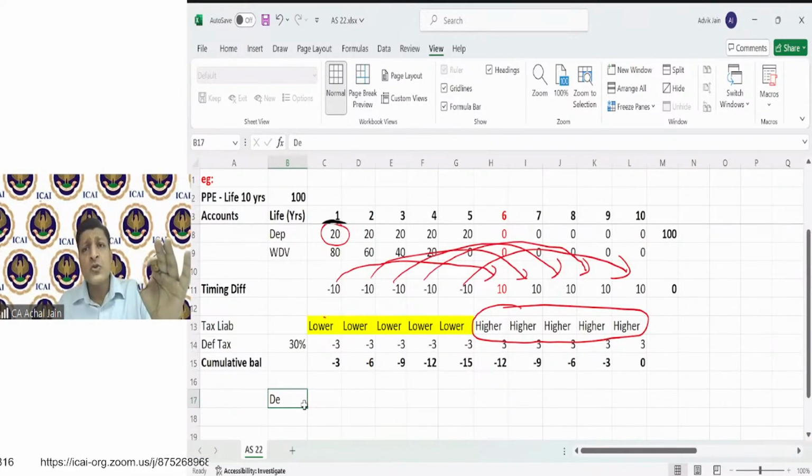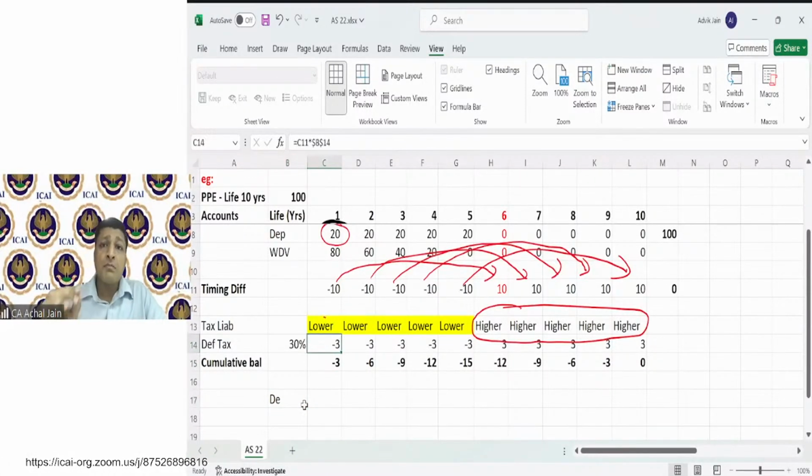See, at the end of the year, the company saved tax. If you look at this difference of rupees 10, on rupees 10, the company did not pay tax. Now, can we say that this saving of tax is permanent? No. So actually, what has happened?